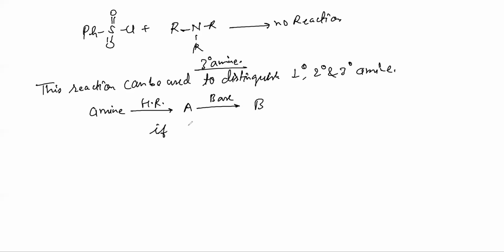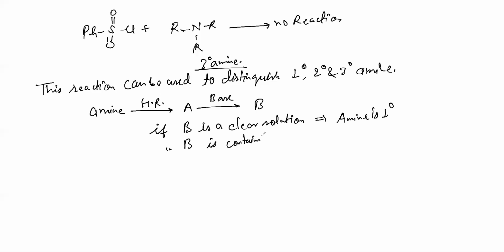If B is a clear solution, we say the amine is 1 degree. If B is containing a precipitate, B is not a clear solution, the amine is 2 degree.